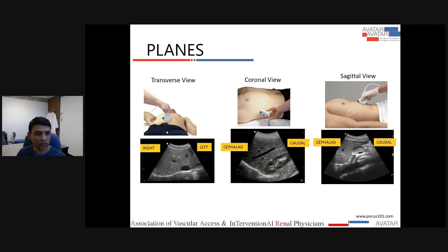The screen marker is on the same side as the probe marker, and therefore I've indicated what is right and what is left. If you similarly look at the coronal view or the sagittal view, the indicator on the probe points towards the patient's head. And if you look at the images below, the cephalad area is that portion on the screen which is right next to the screen marker.